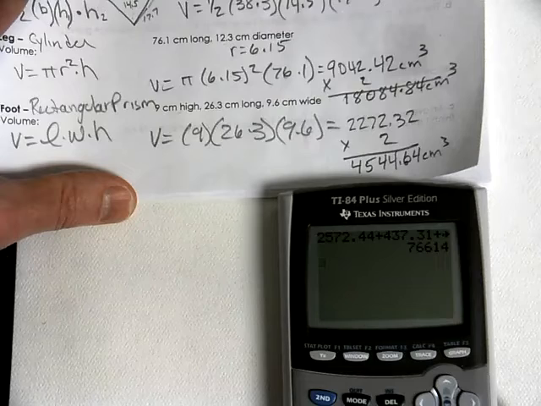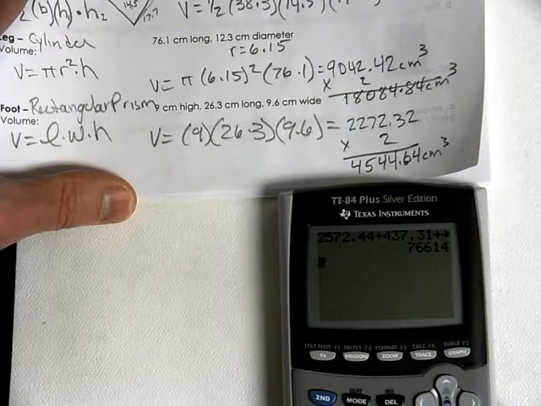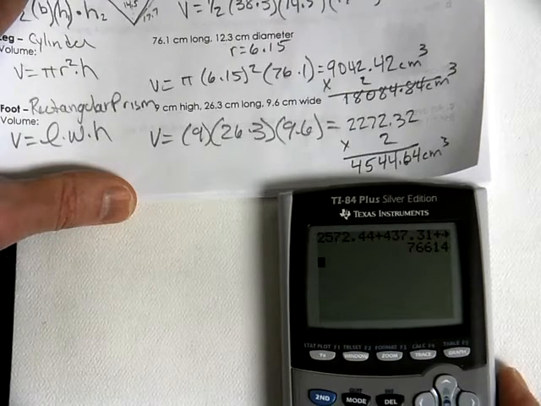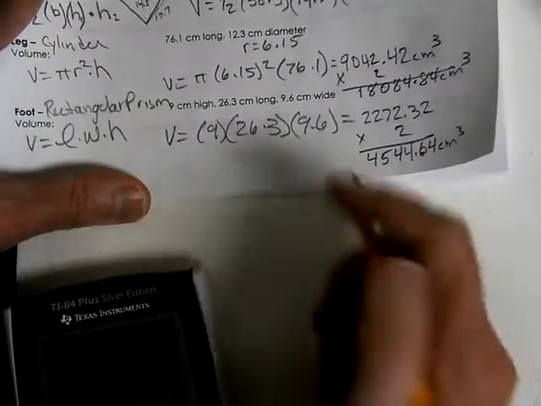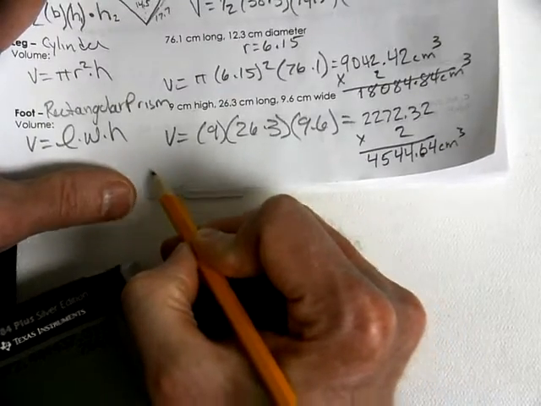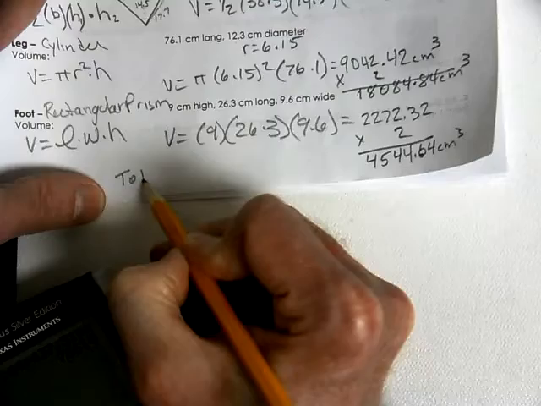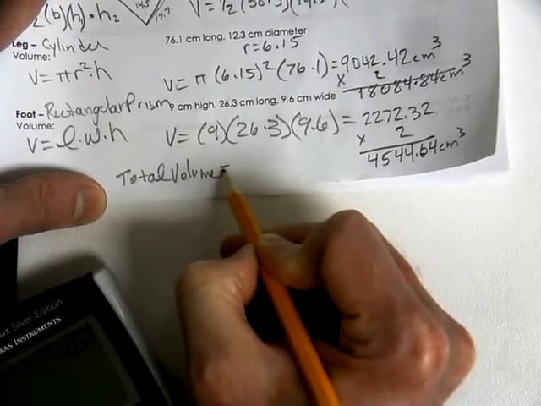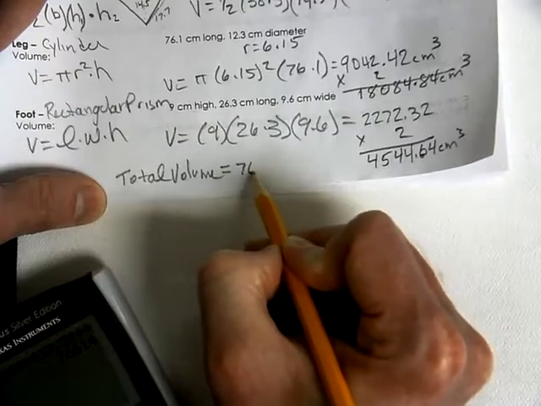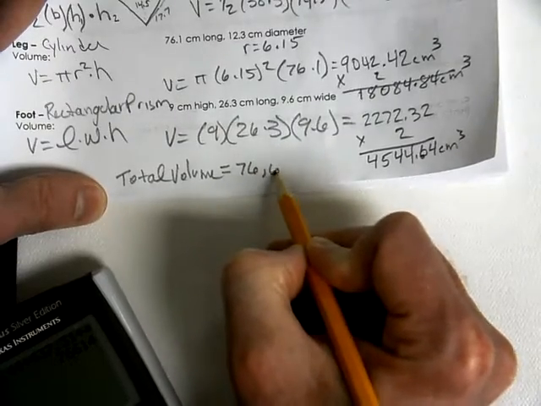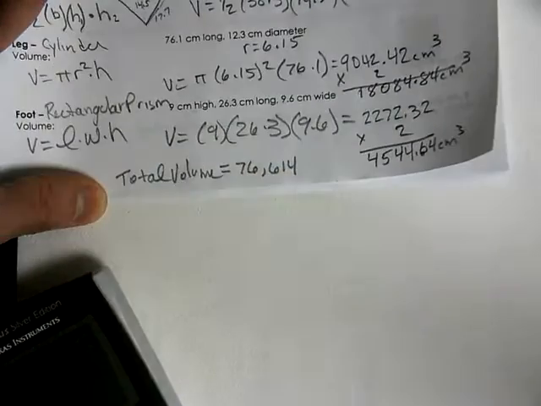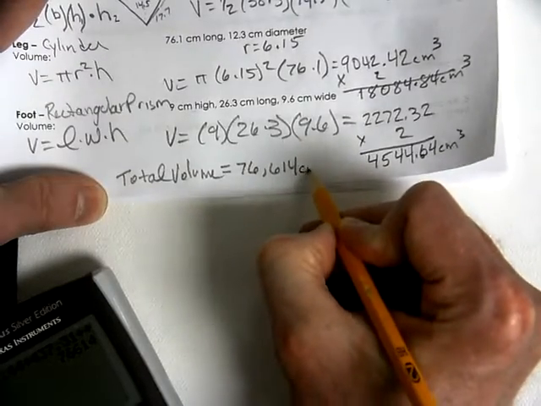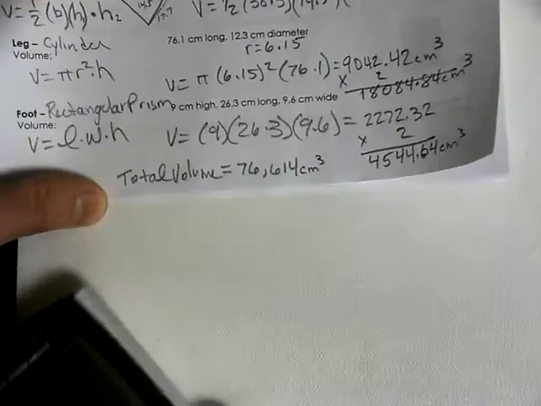So our total person, oh, that's crazy. Our total volume, we have 76,614. It looks like exactly that many centimeters cubed.